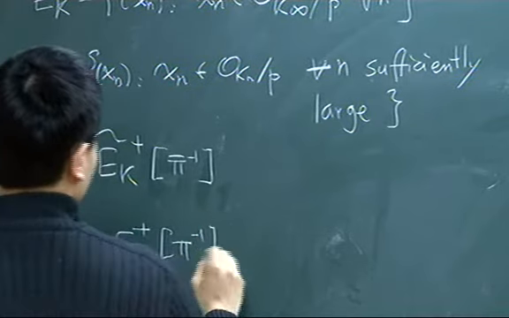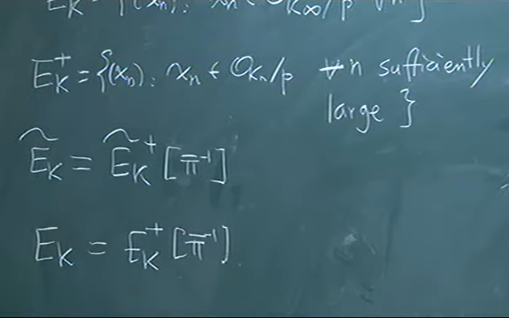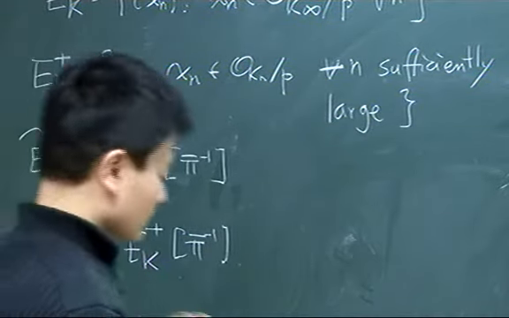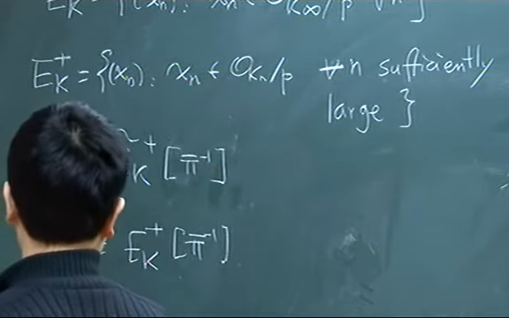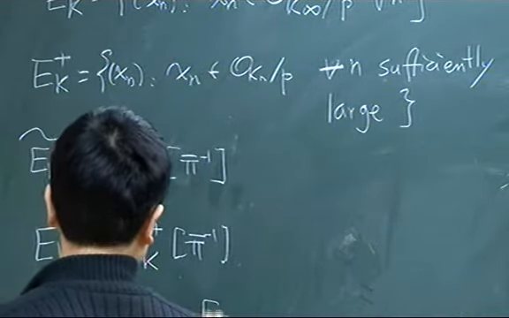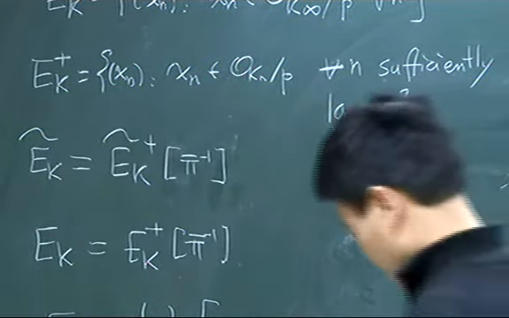Okay, so you have this, or pi bar. And then we let E be all of this, E_k. So we have this.